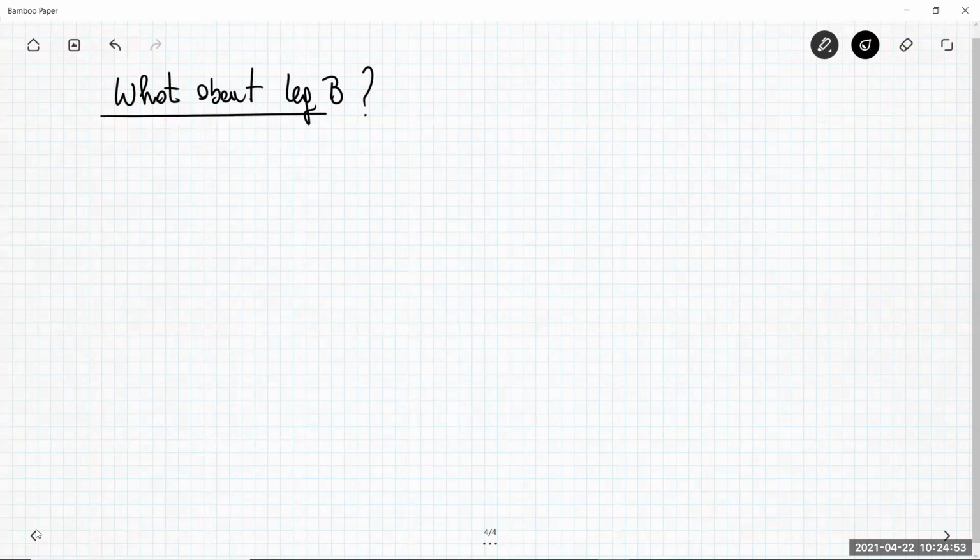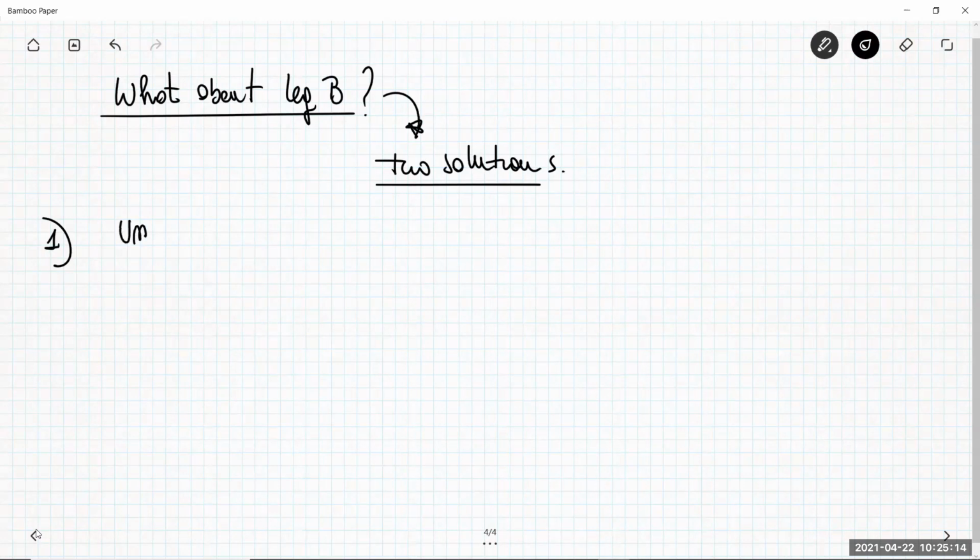Here we have basically two solutions. The first one is the solution that leads to what is called the unipolar pulse width modulation, also called three-level pulse width modulation.